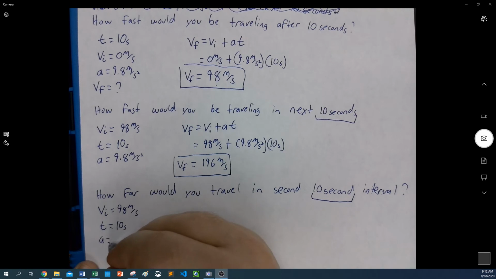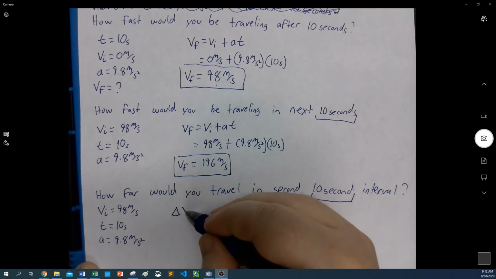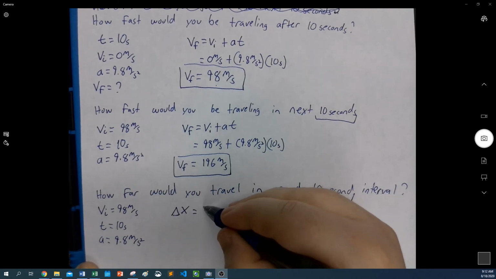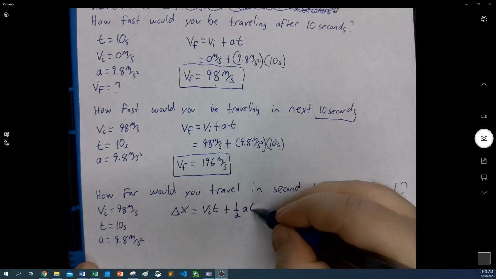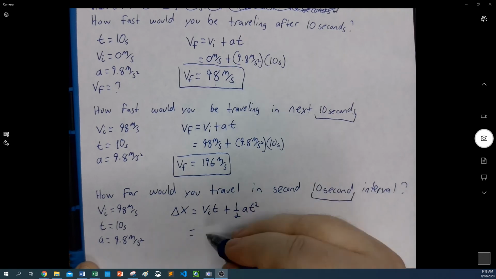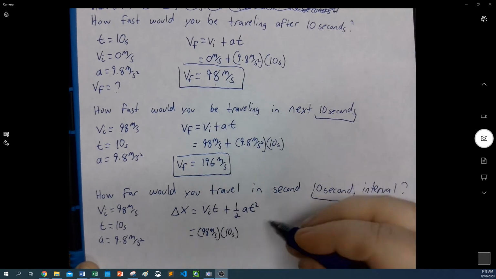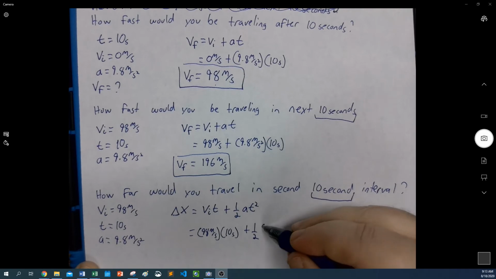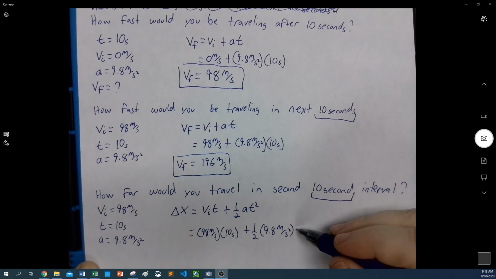And our acceleration is 9.8 meters per second squared. We use the second equation. Delta x is equal to VI t plus 1/2 AT squared. Plugging that in, we get 98 meters per second times 10 seconds plus 1/2 times 9.8 meters per second squared times 10 seconds squared.